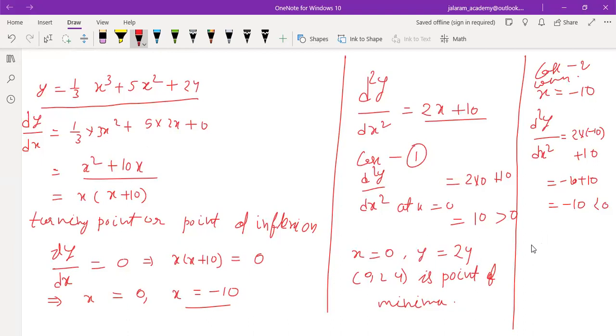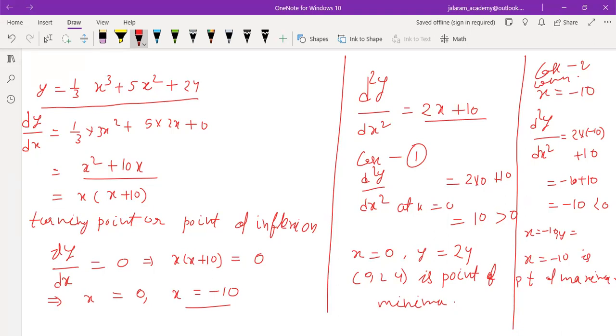Means it is less than 0. So at x equals minus 10, y equals what? Find it. And that point is the point of maxima. Means there is no point of inflection in this curve where d2y by dx square becomes 0.